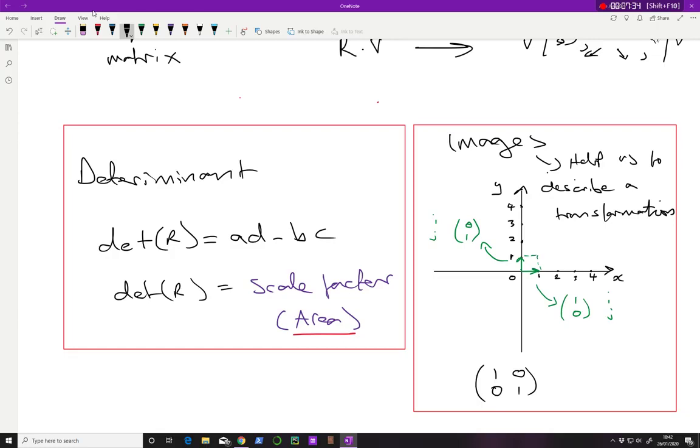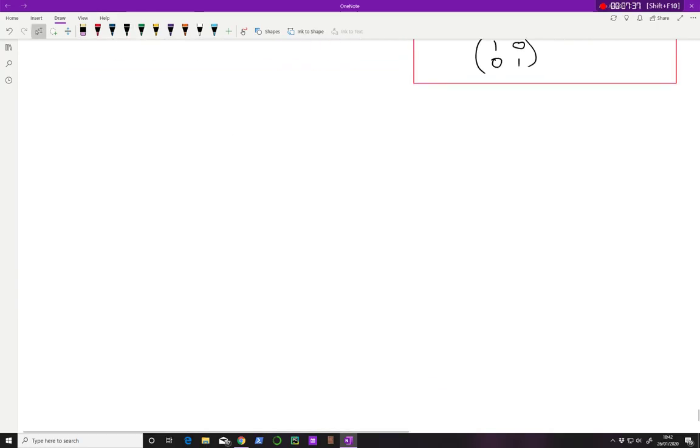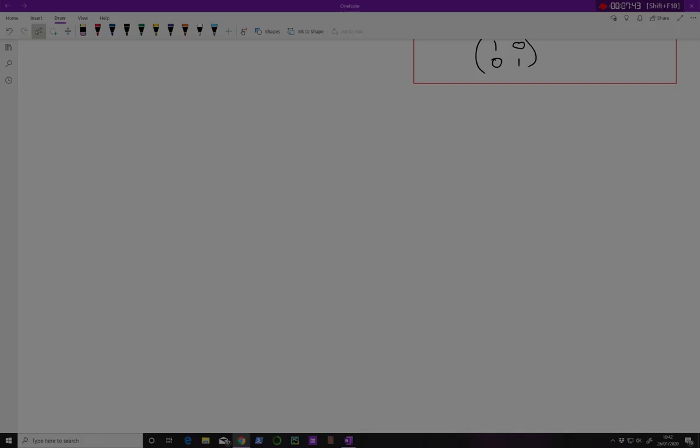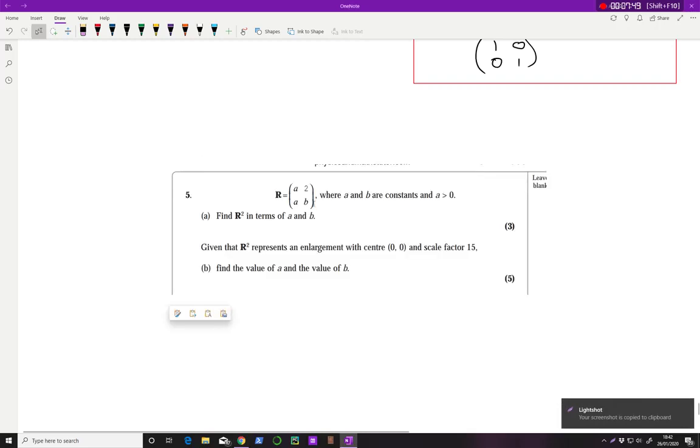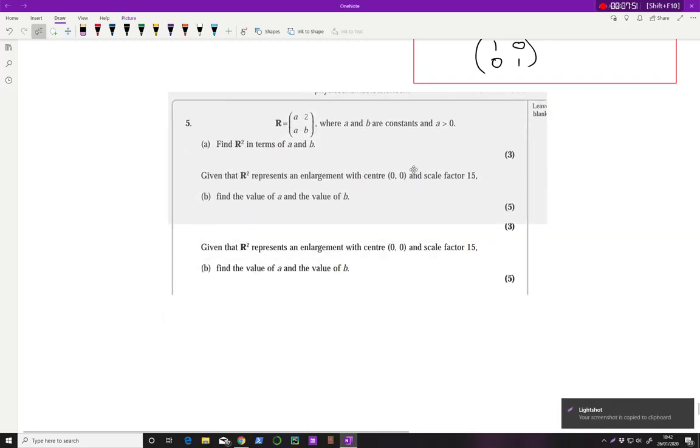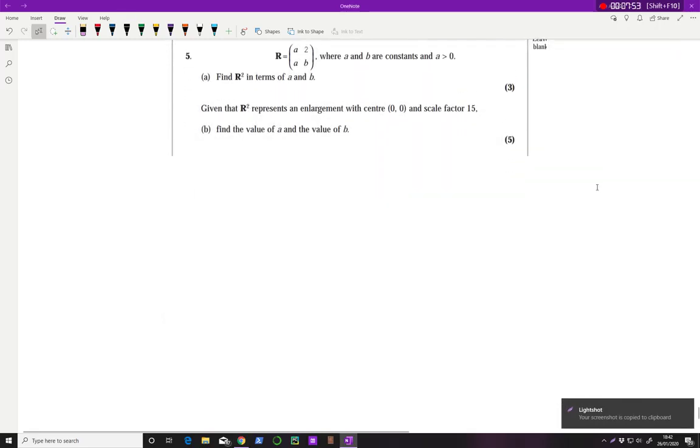So I have a question here that I think would be pretty useful in describing these concepts. And the question is right here. So part A, we're given a matrix R, where A and B are constants, and A is not more than 2.